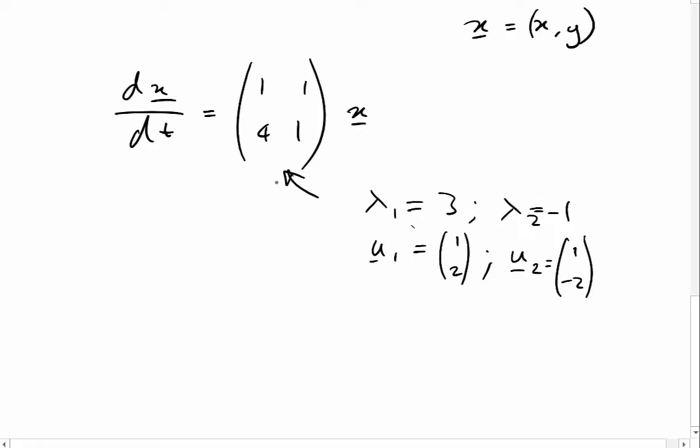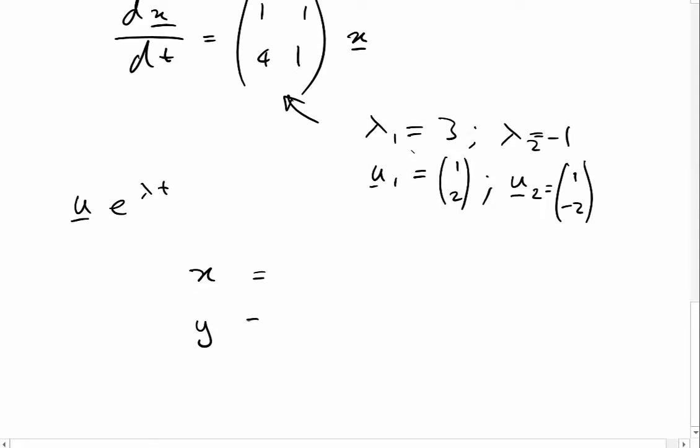So what would the fundamental solutions be? Remember, I'm looking for them in the form u e to the lambda t. This is what my fundamental solutions would look like. My variables are x and y, so x will equal, and y will equal. That's what I'm after: what x equals and what y equals.